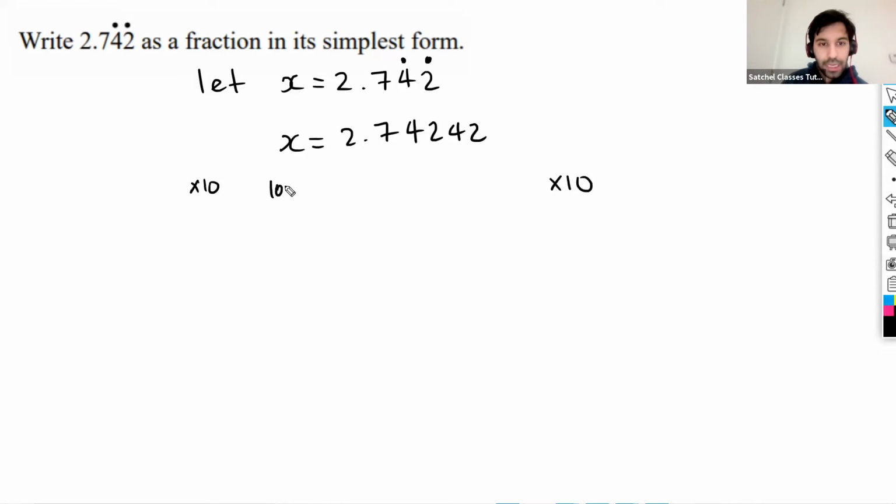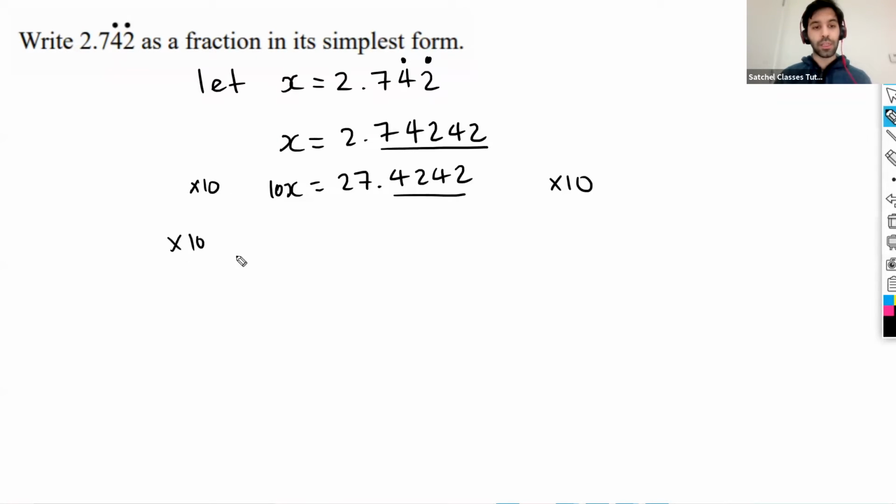So x times 10 is 10x, and this number multiplied by 10 is going to give us 27.4242. Now again, I can't subtract them from each other just yet, because subtracting the numbers after the decimal won't give me 0. So I can't get rid of the recurring decimals just yet.